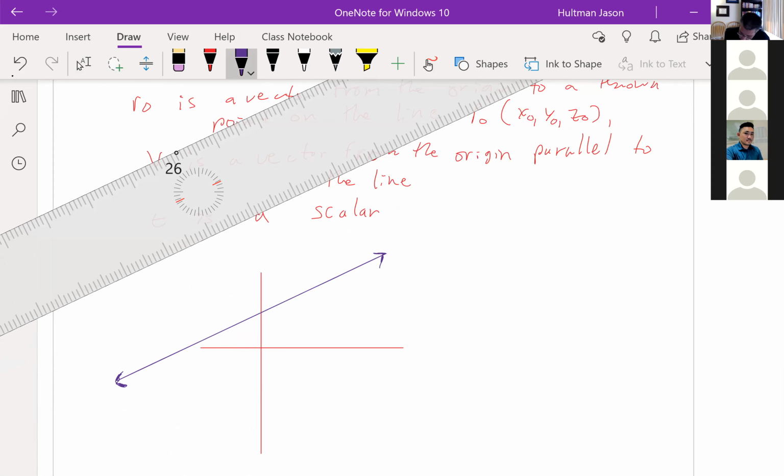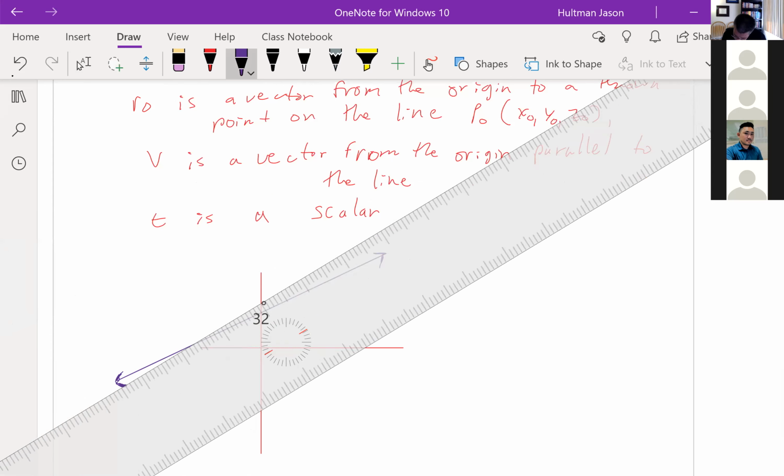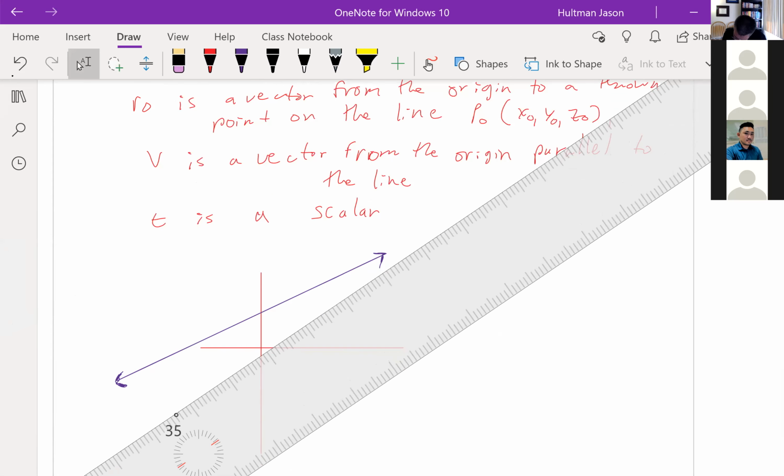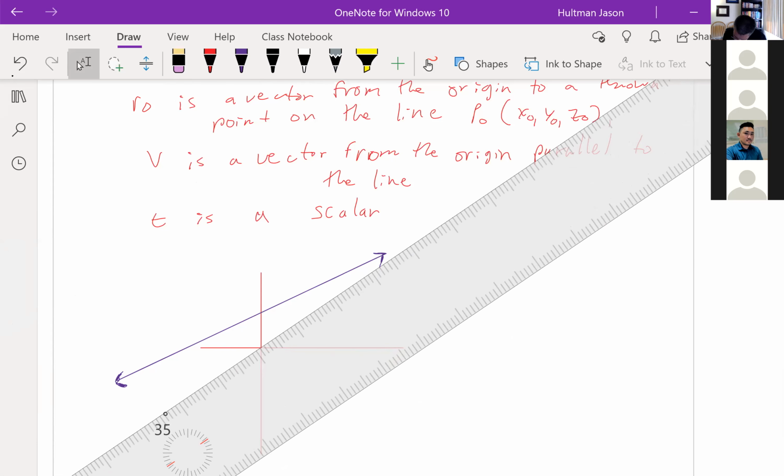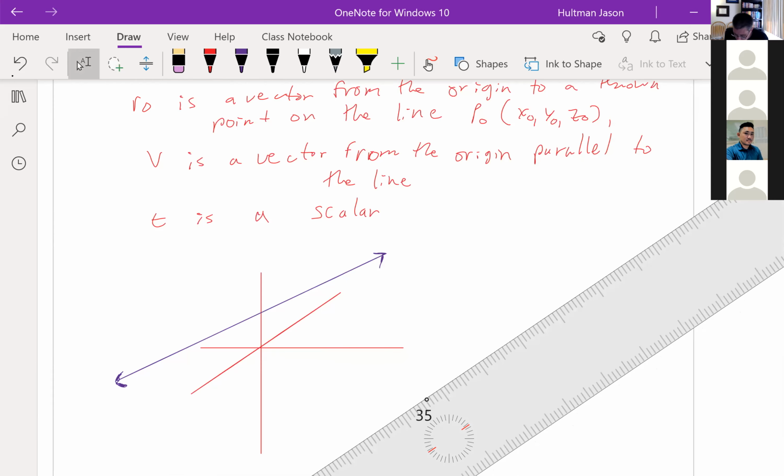Okay, so think of this as a line in 3 dimensions.